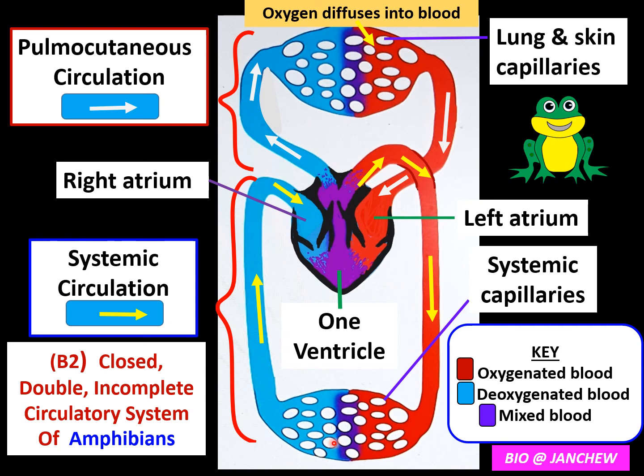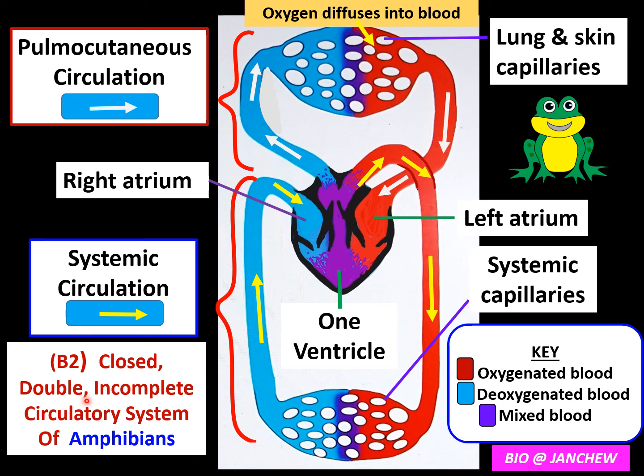So this type of blood will supply less oxygen to the cells, and there will be slower cellular respiration. Less energy will be produced for the activities of the organism. So the incomplete system has a weakness compared to the complete system in humans. However, the frog has a closed double circulatory system, which gives it an advantage.